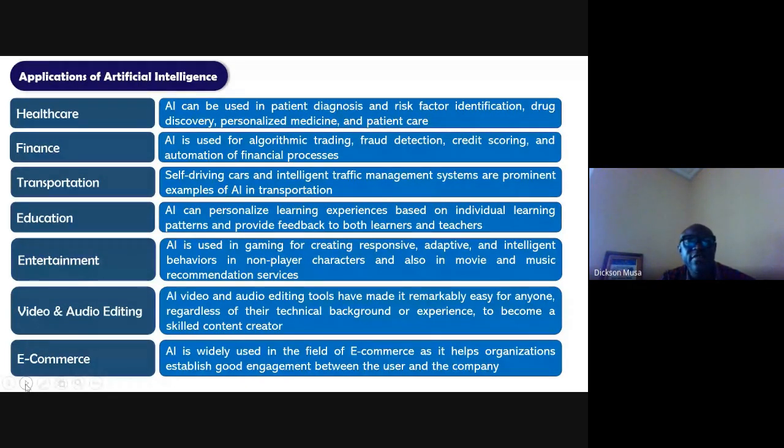In finance, artificial intelligence is used for algorithmic trading, fraud detection, credit scoring, and automation of financial processes. And you find AI being applied everywhere: transportation, education, entertainment, video and audio editing, e-commerce, and in what we'll be discussing today, which is scholarly research and writing.